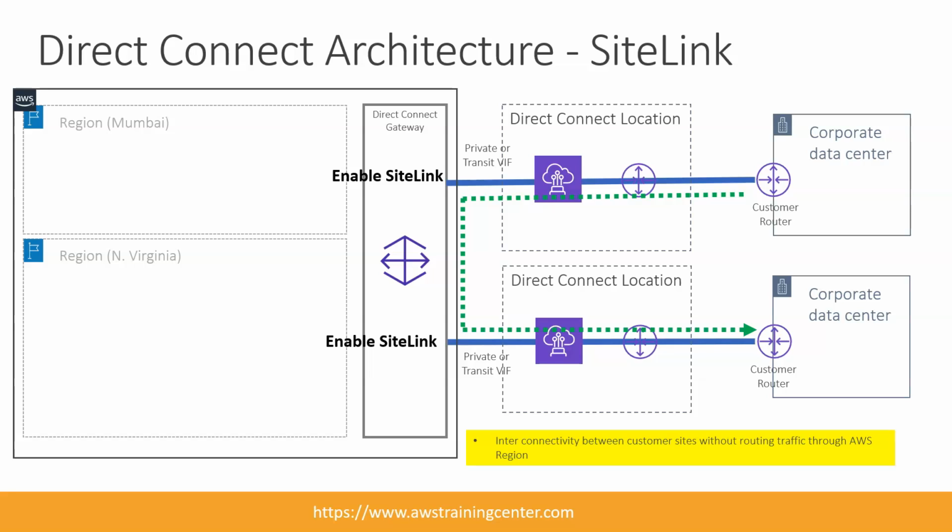Okay, so we have now seen a couple of architectures, and based on your requirement, you can implement the one which works for you. Now, before we wrap up, I just wanted to quickly give you the decision tree. This decision tree will help you decide whether you should use a hosted connection or a dedicated connection and which kind of VIF you should use. I tried to capture this in one picture, so take your time to go through it.